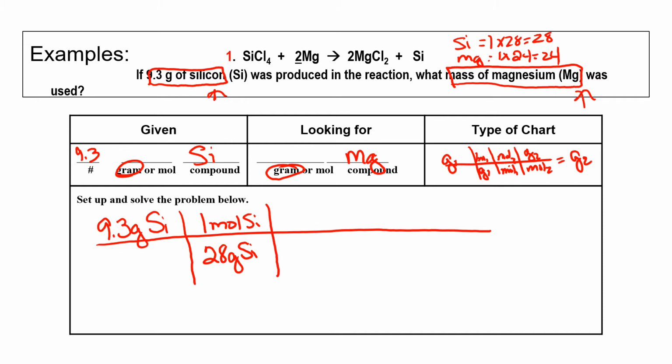In our equation, we know that 1 mole of silicon is produced with 2 moles of magnesium. So 1 mole of silicon and 2 moles of magnesium.